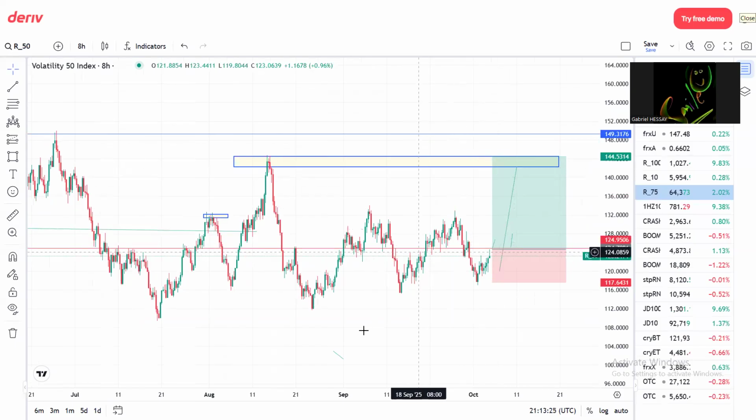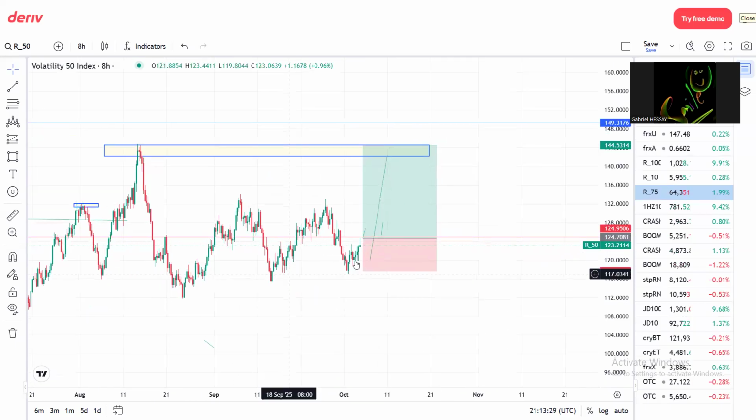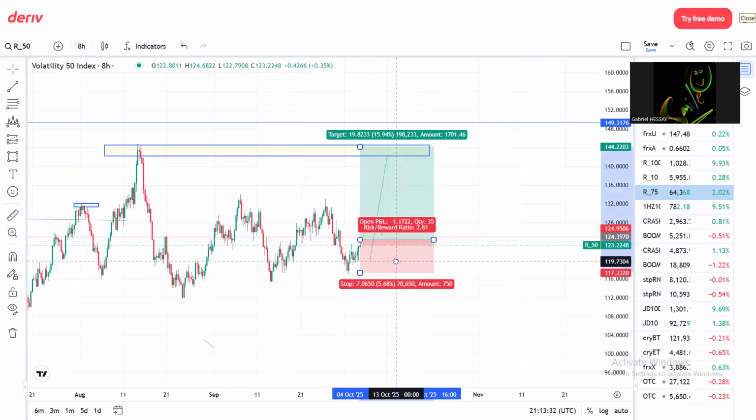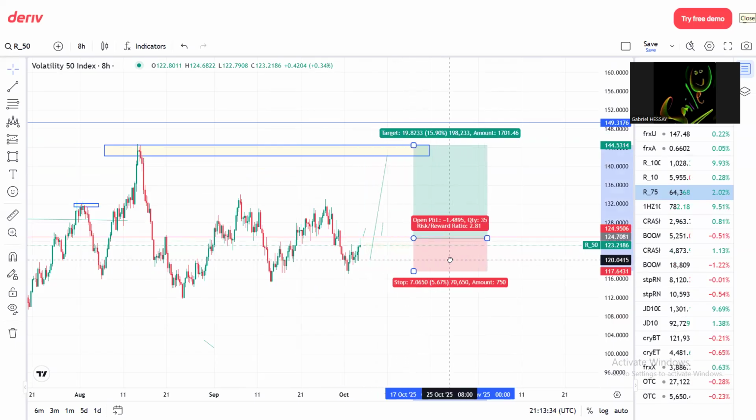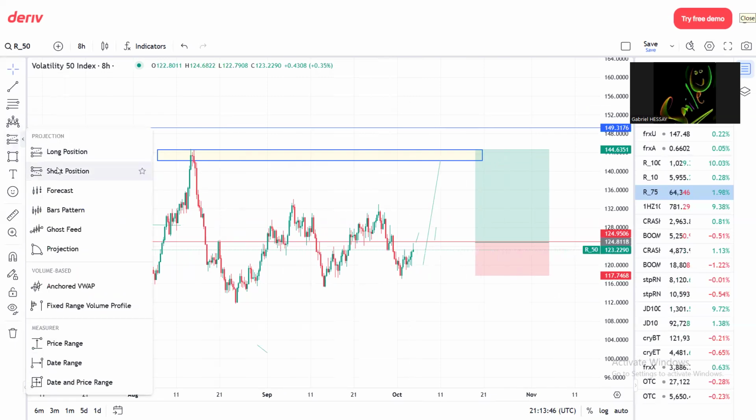So let's monitor to see. But if we don't go above, for now I will view the buy as a second situation because originally we are bearish, and I will view the sell as the first-hand situation.